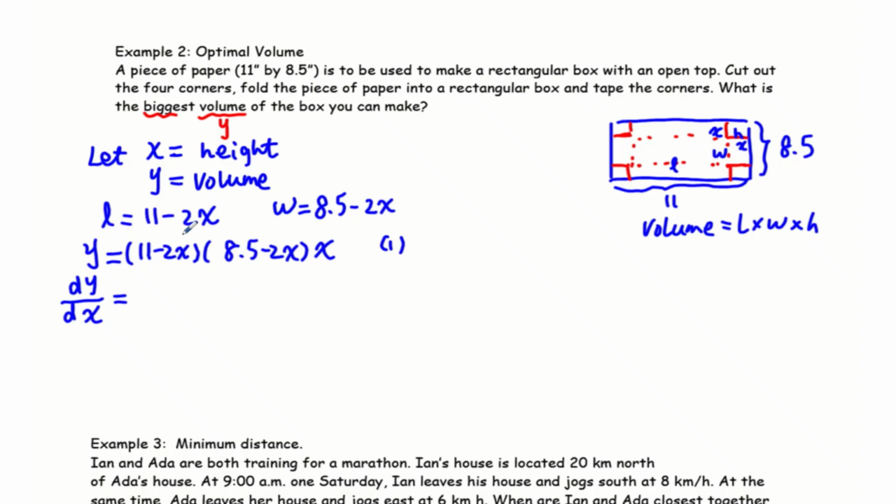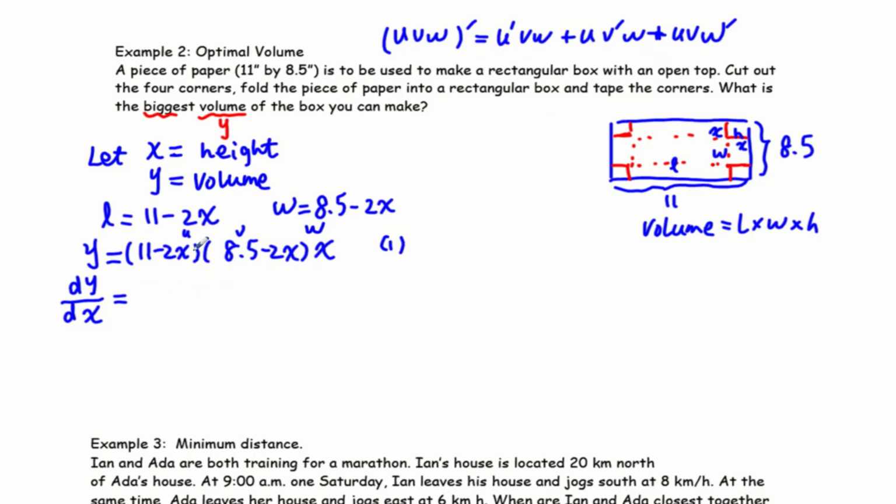So this one is UVW, 3 terms times. And for the 3 terms times, the derivative is just each term derivative once, and the other 2 terms don't change. So this is a derivative of 3 terms.